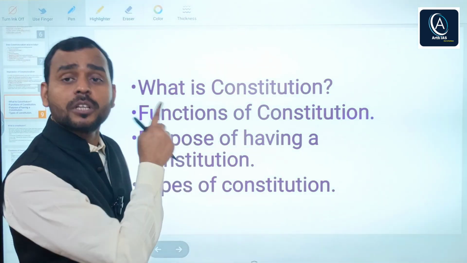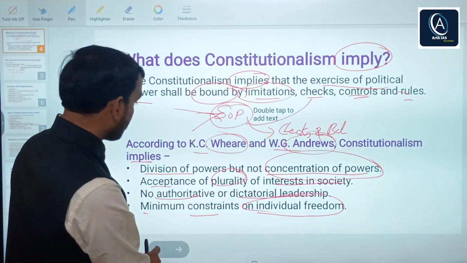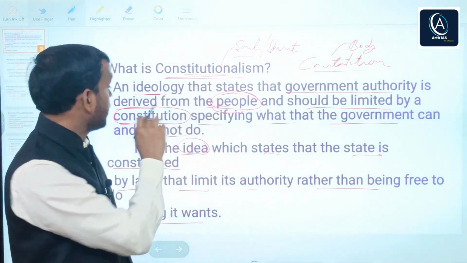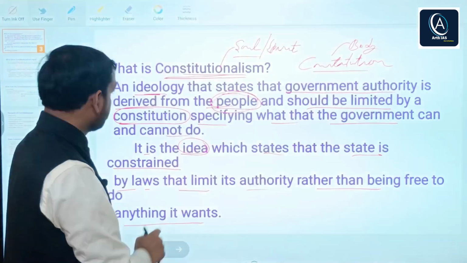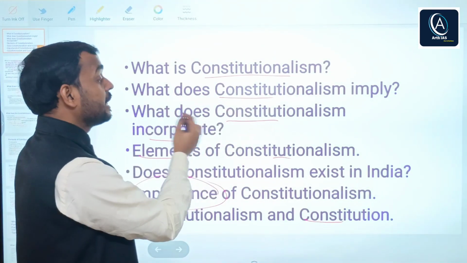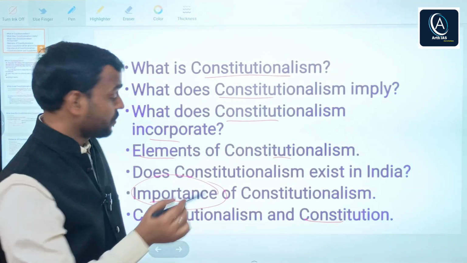So this was all about constitutionalism. Just have a look at what we have discussed. First we discussed what is constitutionalism, then what does it imply, then what does constitutionalism incorporate.